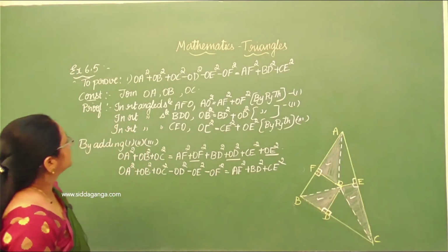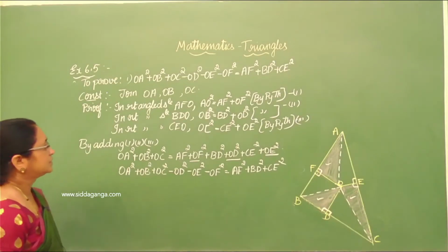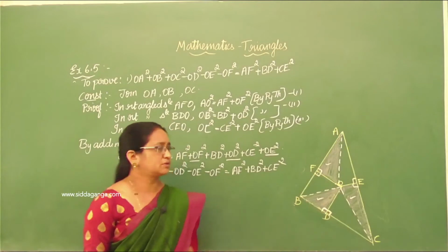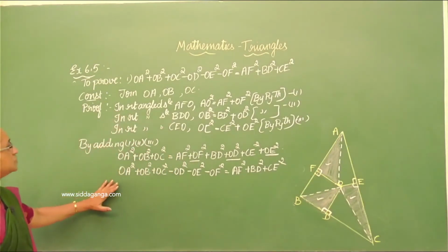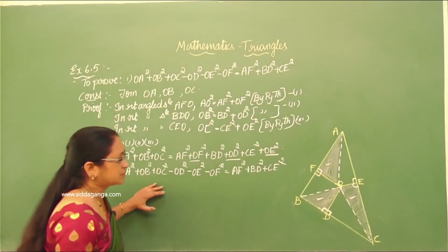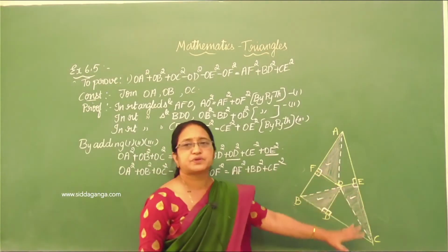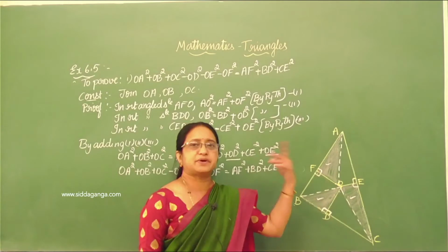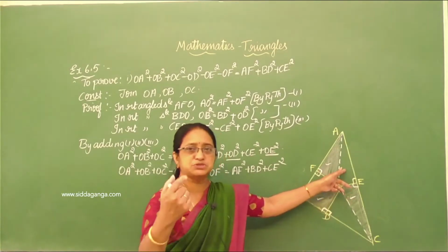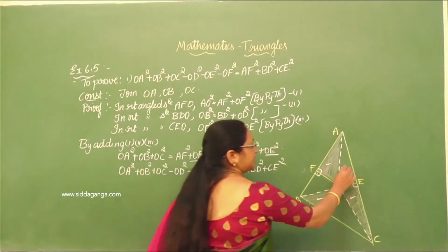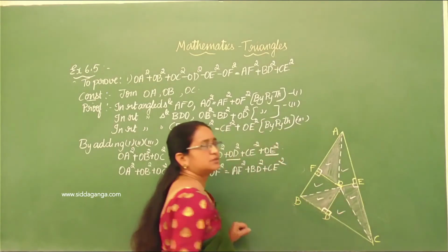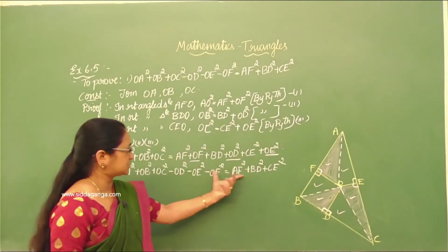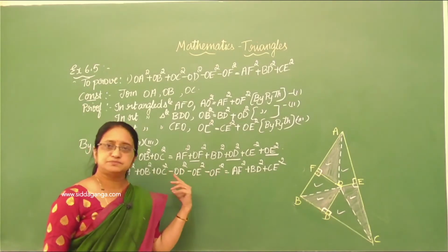Now, based on this, we can prove the second one. If you have understood, I can rub it and then start. For the first one, you are going to take these three triangles. For the second sub question, we are going to take these three triangles, and again we have to rearrange, and based on this we can prove it.